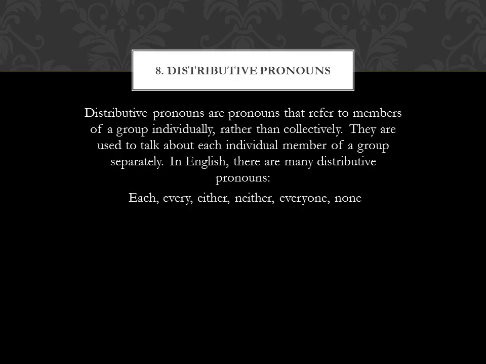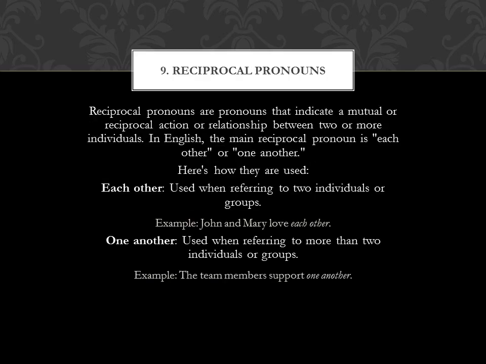Now, in English, there are many distributive pronouns, which are given as under: each, every, either, neither, everyone, none. So these are distributive pronouns. At number 9, we have reciprocal pronouns. Reciprocal pronouns are pronouns that indicate a mutual or reciprocal action or relationship between two or more individuals.